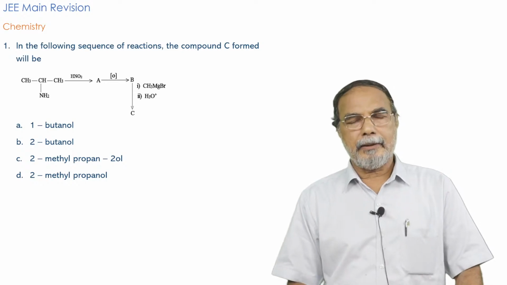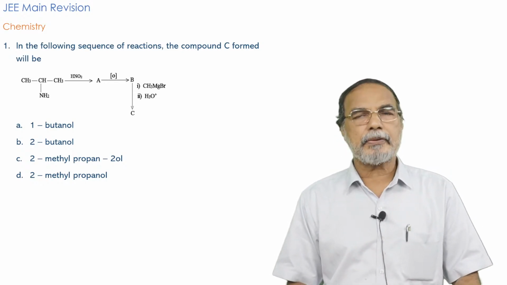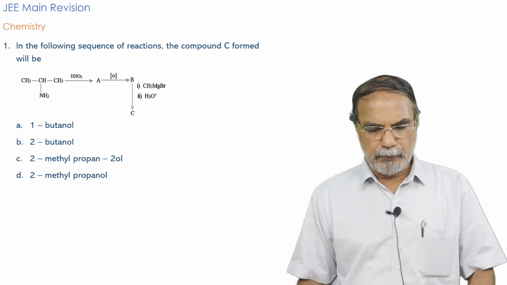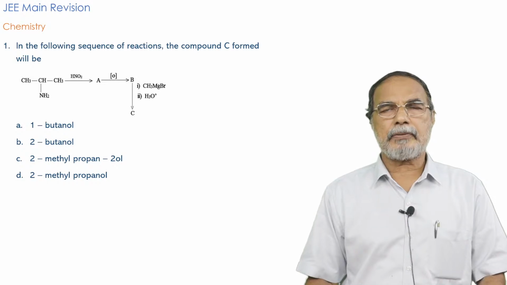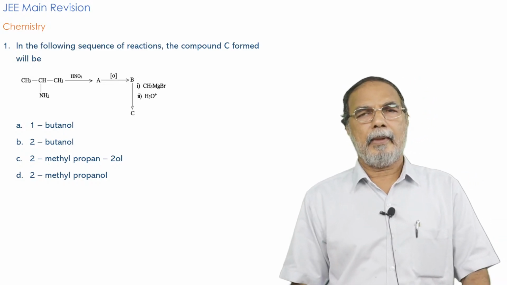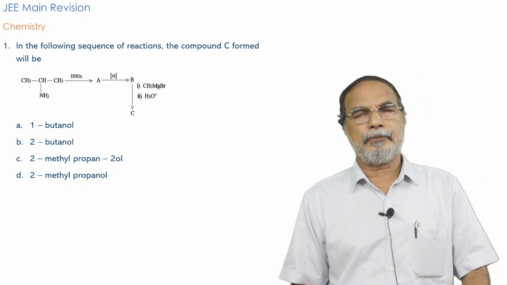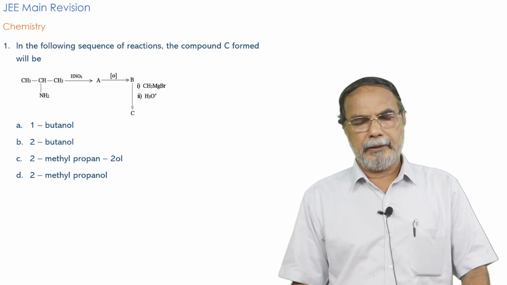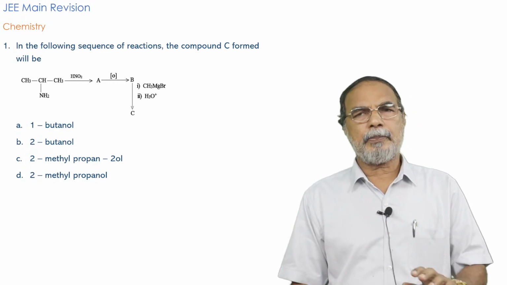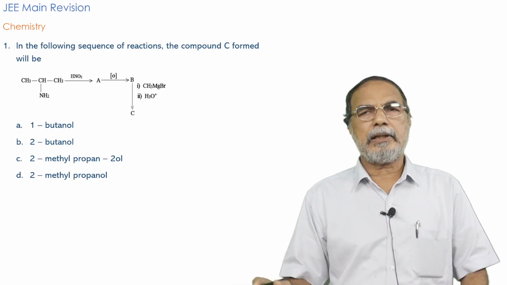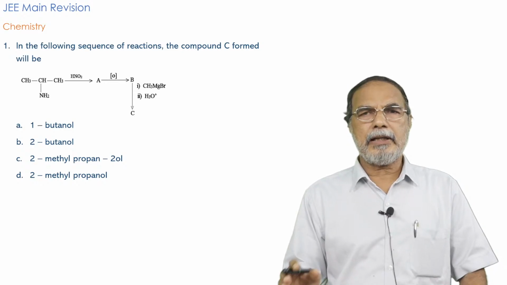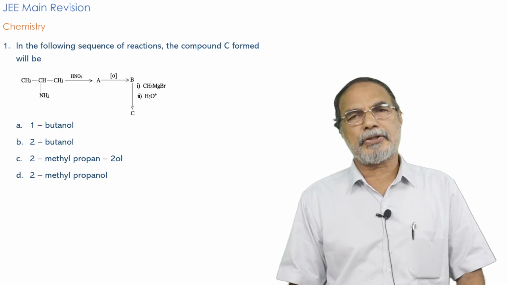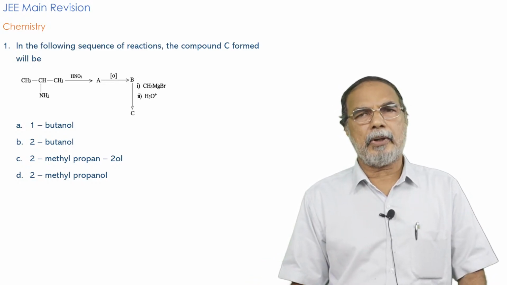For that you must know the sequence of reactions. Of course it is not a difficult substrate, it is just 2-amino propane, and you must know the reaction with nitrous acid. In the chemistry of nitrogen containing organic compounds, you might have studied that an aliphatic primary amine reacts with nitrous acid to give an unstable diazonium salt which spontaneously decomposes to give the alcohol as a product.